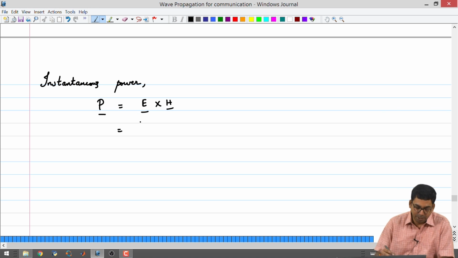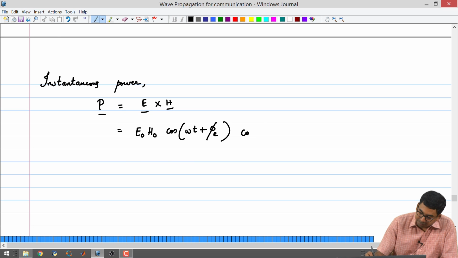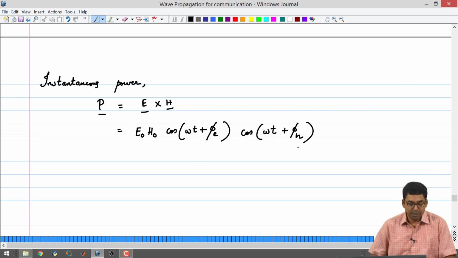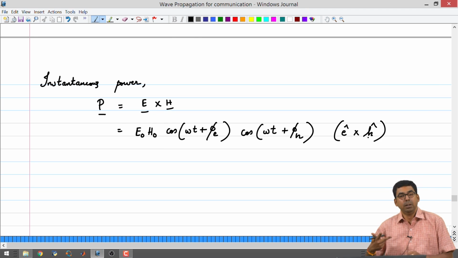So, we just substitute that and we get E naught H naught cosine omega t plus phi E, that is coming from the electric field expression, and we have cosine omega t plus phi h coming from the magnetic field expression, and we have a cross product on the right hand side, which is a vector operation. So, you have to take the unit vector for electric and magnetic fields and cross them, so that your right hand rule is going to be preserved.